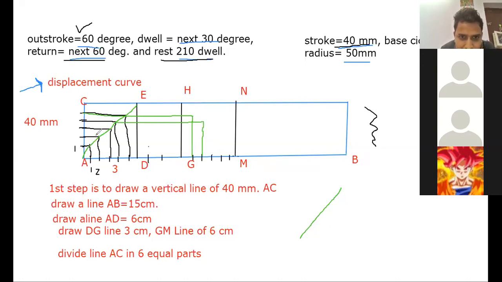Then the third point I have to join with this point. Fourth point I have to join with this point. This last point I need to join with the last point. And now I would be joining all the points here, starting from H.